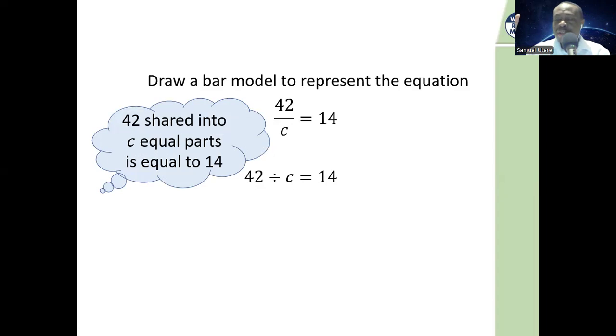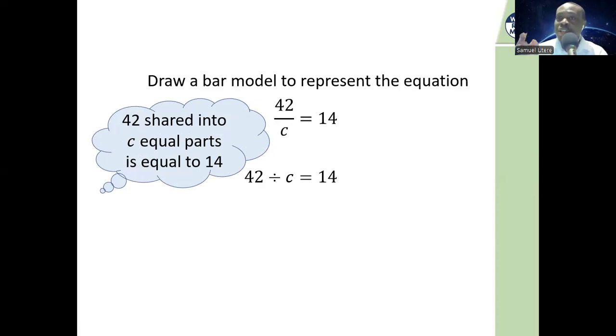The big bar is divided by whatever is underneath and we share it into those number of equal parts. But this is a letter. How do we even divide 42 into C equal parts? Do we even know what C is? No, we don't. So we have to think about it another way.